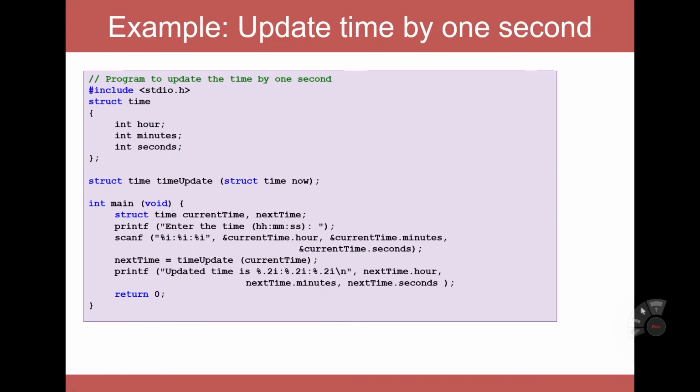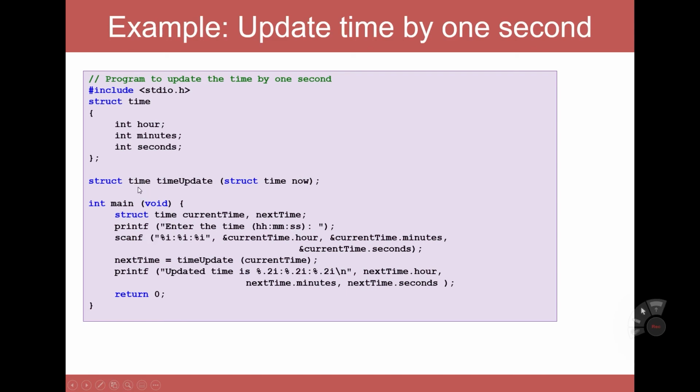Now let's see another example, about update. This one takes a structure of time, like hour, minute, seconds. This is just another example. Here, the time update function will receive the time of now and increase it. So it takes the time of now and calculates another time for you.